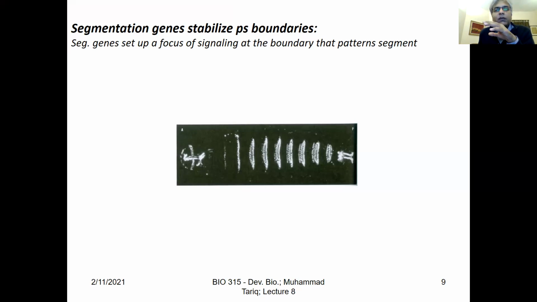An interplay between Wingless, Hedgehog, and Engrailed leads to a beautiful pattern which highlights the segmentation in growing larvae as well. We call them denticle belts, on the ventral side of the cuticle.